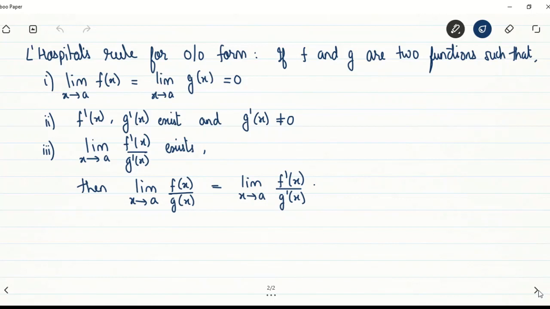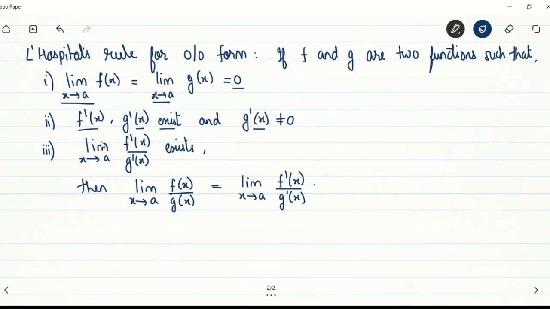If f of x and g of x are two functions such that they satisfy the following three properties. The first property is that the limit of f of x as x tends to a is the same as the limit of g of x as x tends to a, which is 0, meaning both limits should go to 0 individually. The second condition is that f dash of x and g dash of x both should exist, and g dash of x should not be equal to 0.